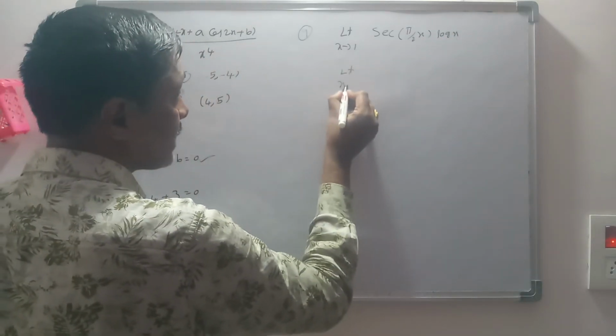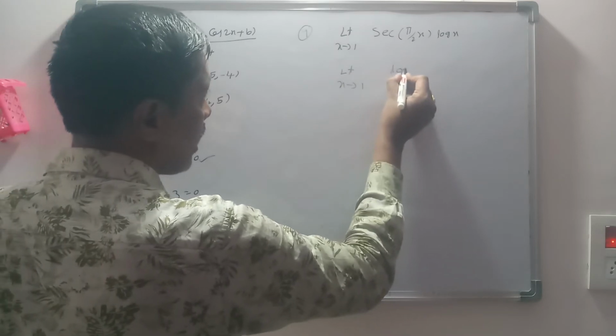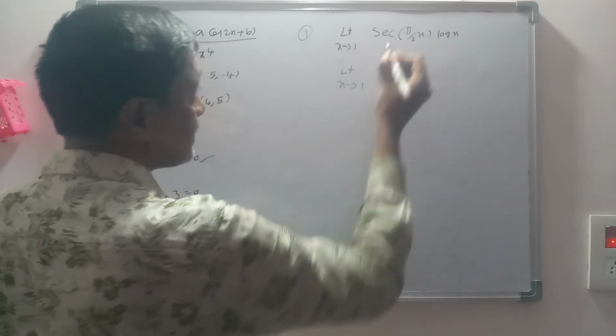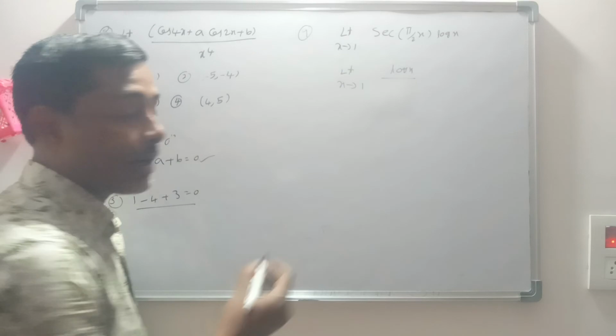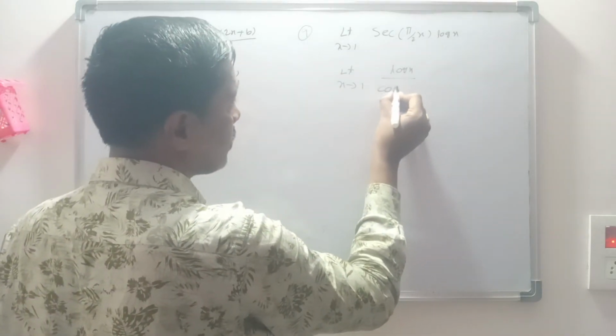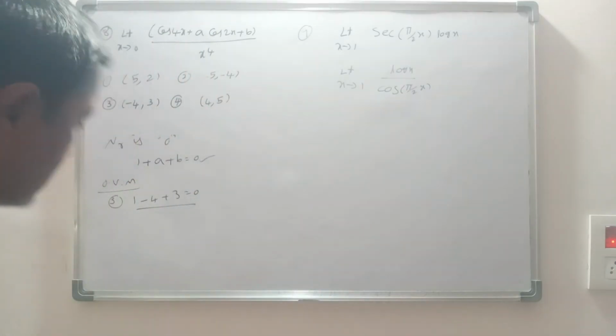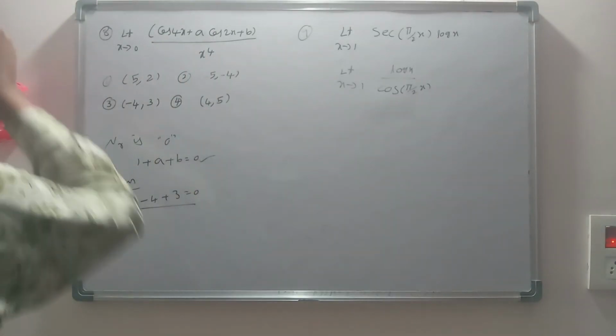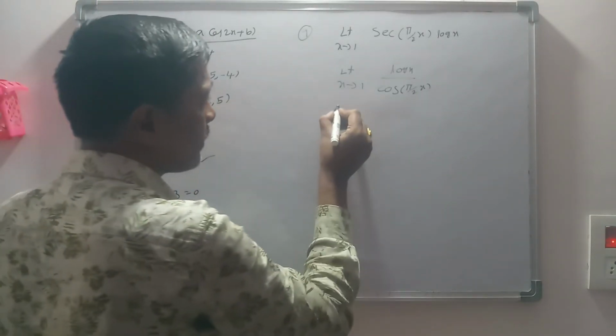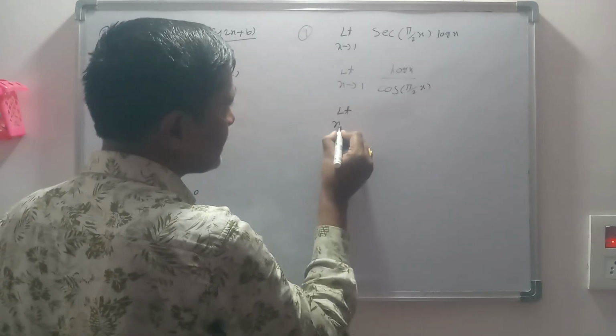Limit x tends to 1 log x by secant x, which is nothing but 1 by cos. How to write? Cos pi by 2x.